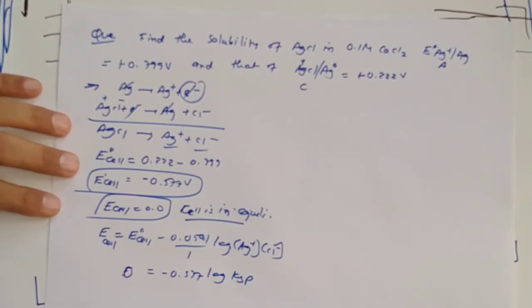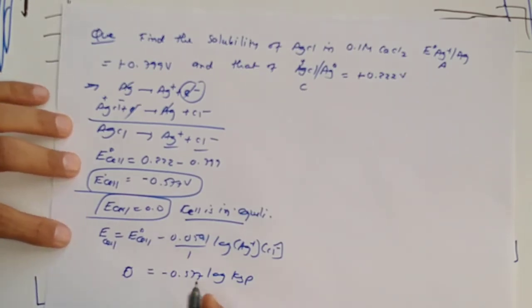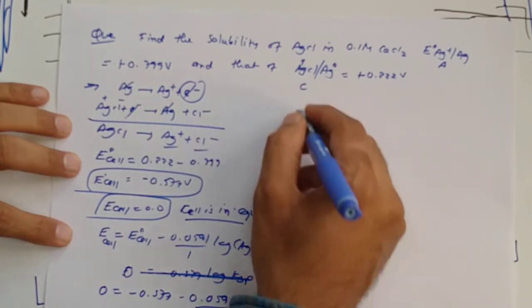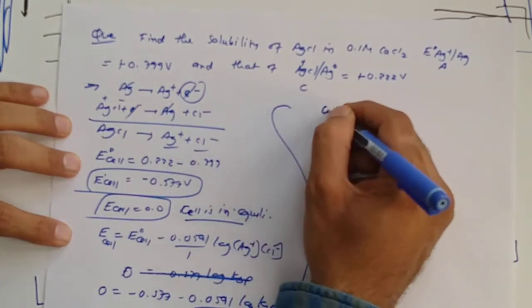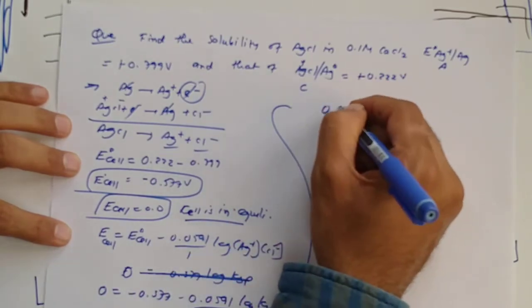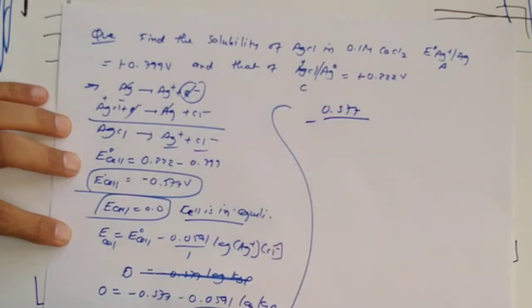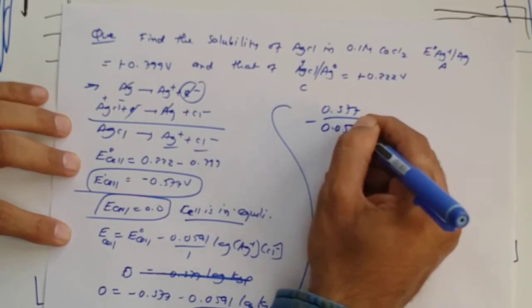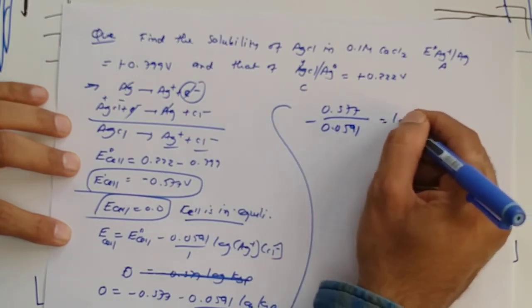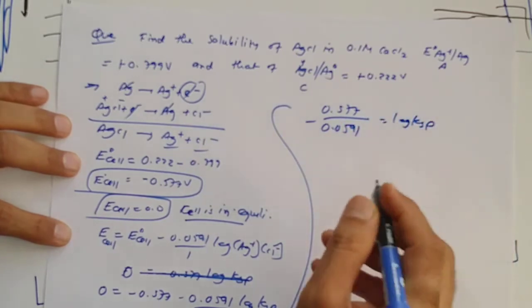First of all we have to derive Ksp. So 0 equals minus 0.577 minus 0.0591 upon 1 log Ksp. So minus comes here as plus 0.577 upon 0.0591 is equal to log Ksp.